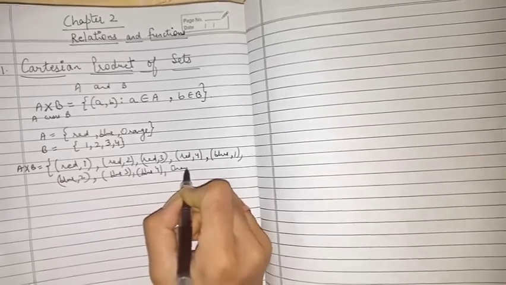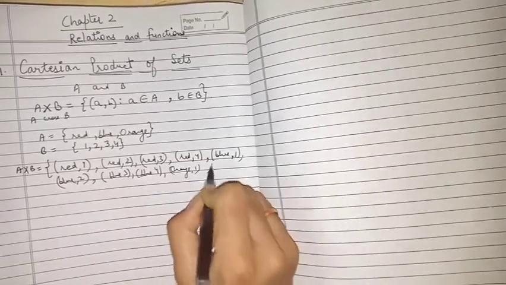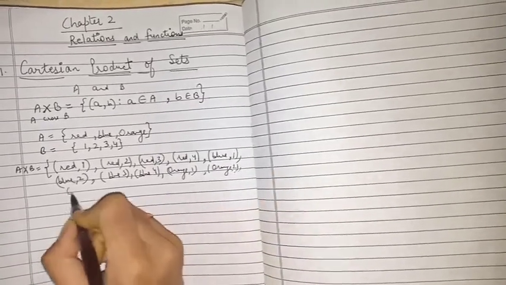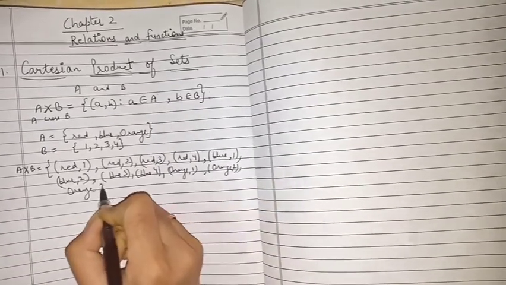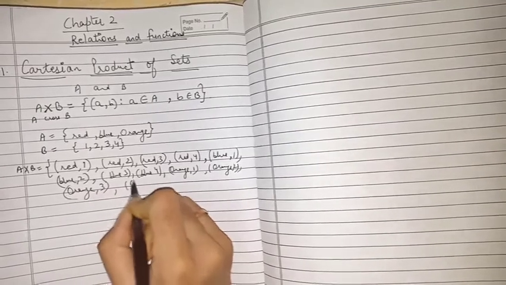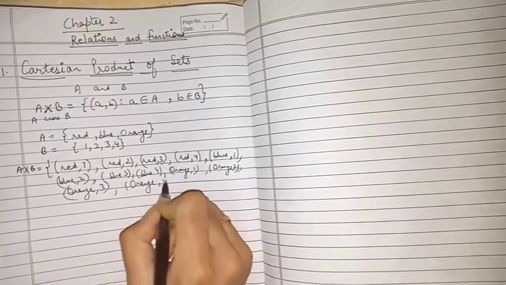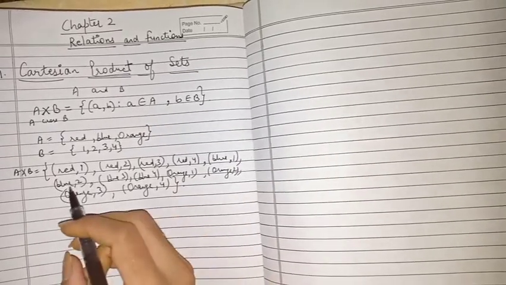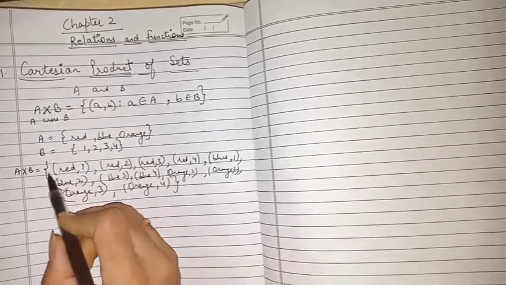Then orange comma 1, orange comma 2, orange comma 3, and last orange comma 4. Always remember, this Cartesian product is also a set, so the curly bracket in the beginning and in the end is a must.